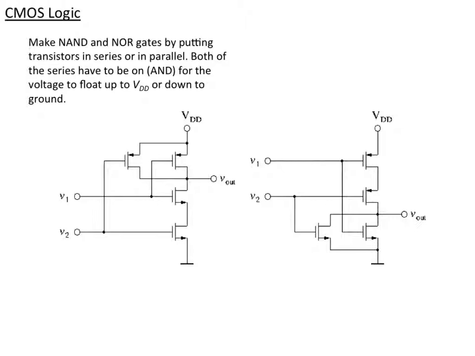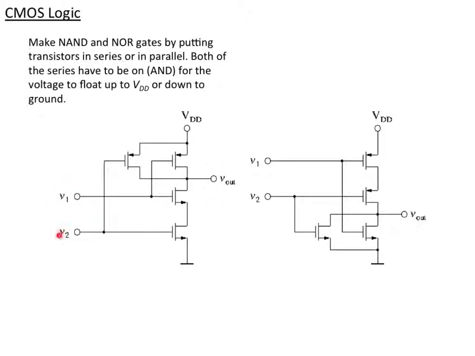Meanwhile, with V1 and V2 both high, both of these transistors are off, so there's no connection this way or that way, and Vout goes to ground. So both of them on, both high, means this is low.